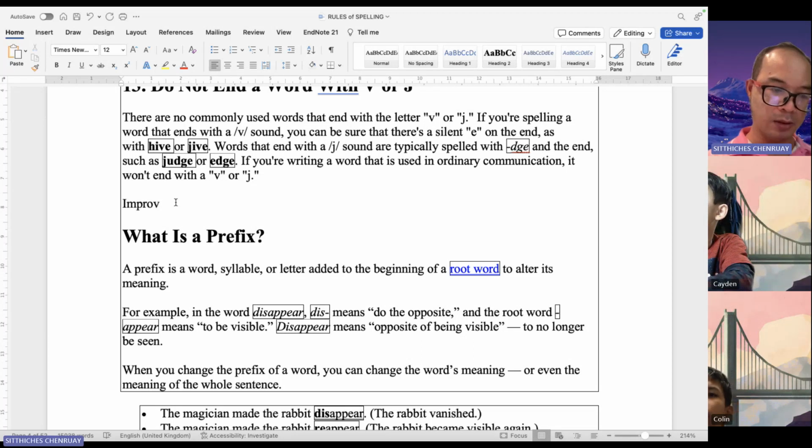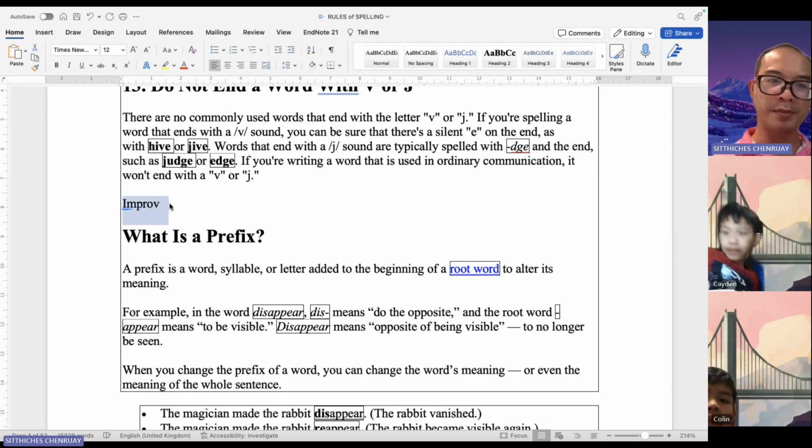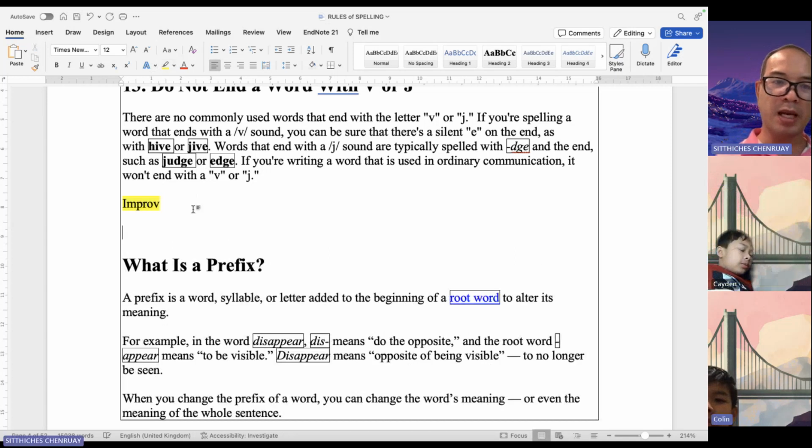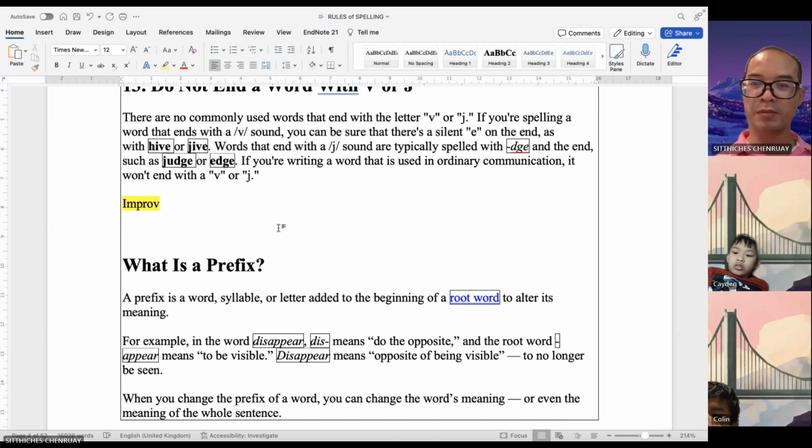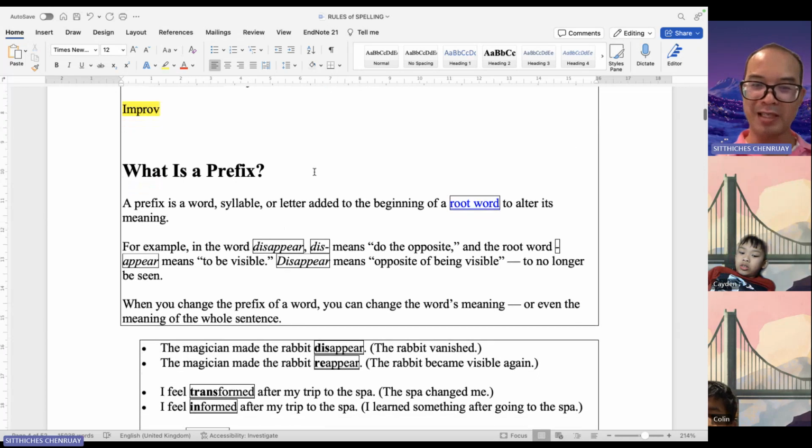Okay, good. Excellent. Okay, improv. Good. And then, is there any word ended by J? Can you guess? No. This time, you may not. If you think you can write it, okay.